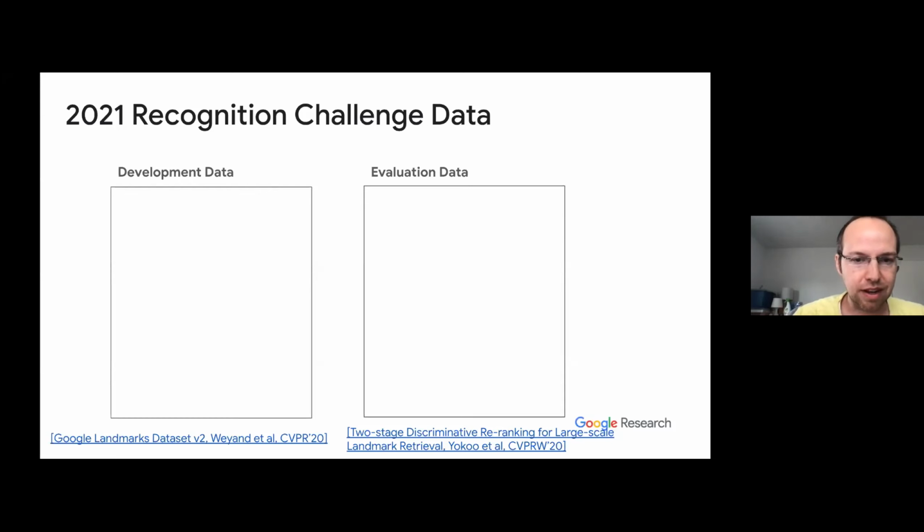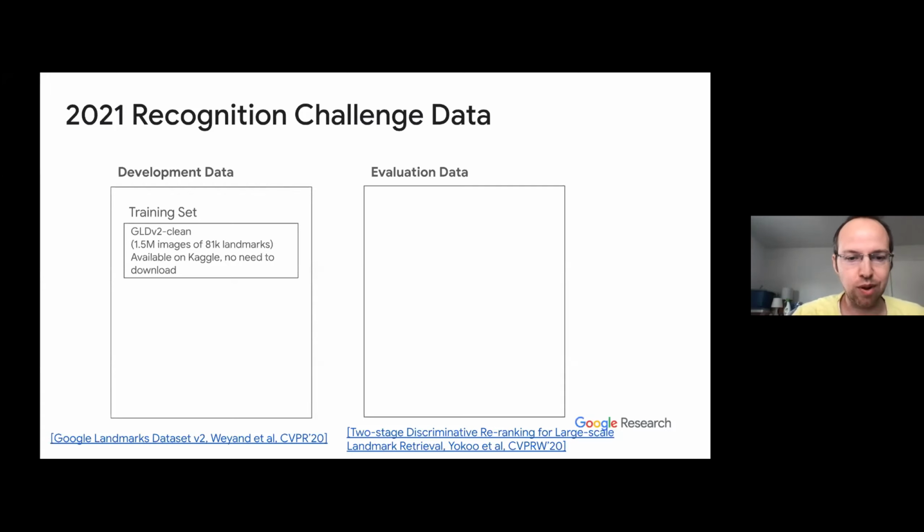So the development data includes a training data set. In this case, we picked the GLDV2 train clean data set, which has been very successful for training landmark models. But as I said, participants can basically train on any data as long as they disclose what data they used.